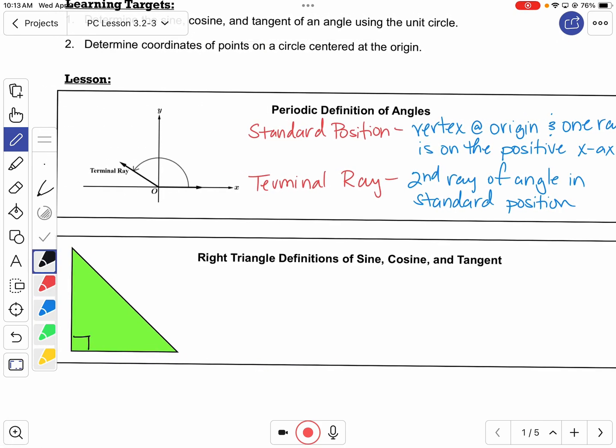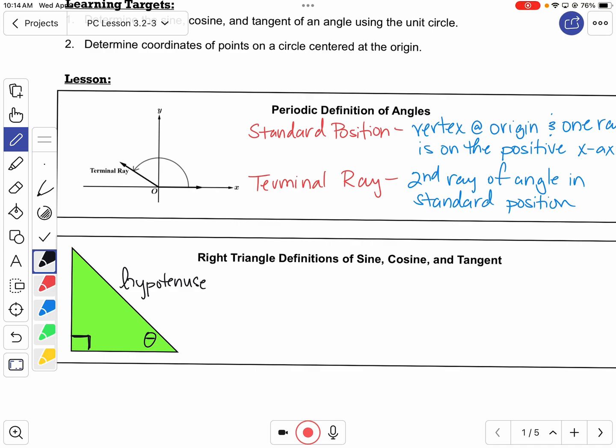So here we have a right triangle, and let's label our right triangle. What do we always call the long side? That's our hypotenuse. But if I put an angle in there, theta, we refer to the legs of the triangle as opposite and adjacent.